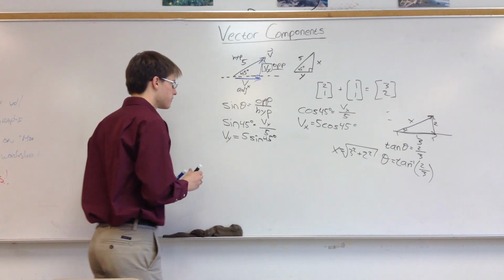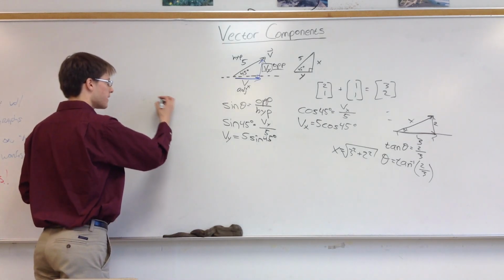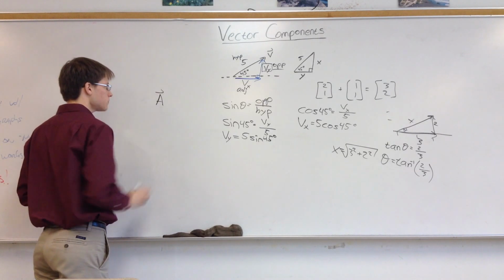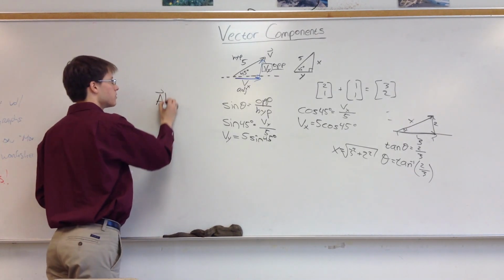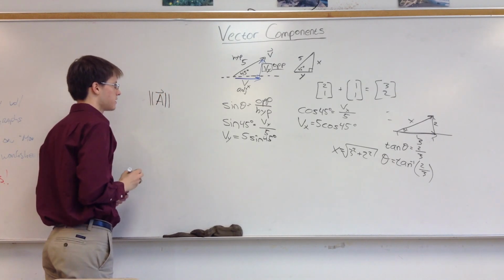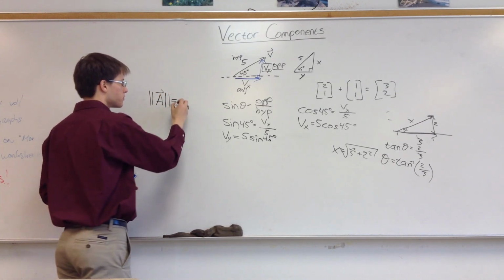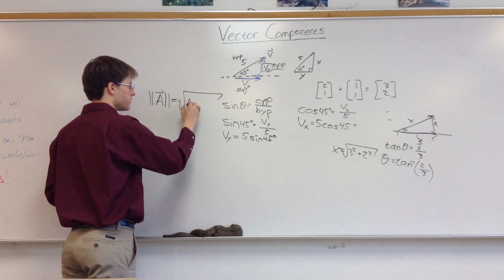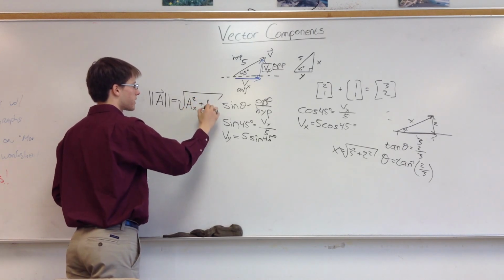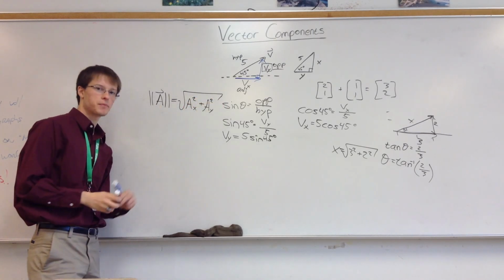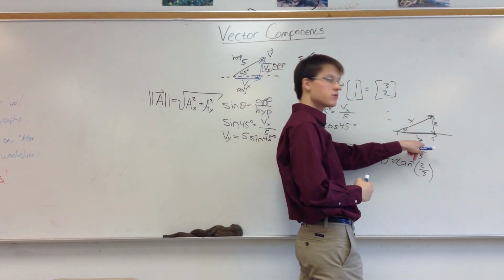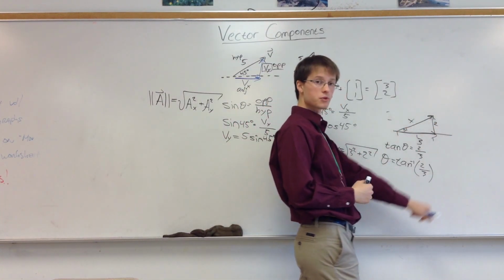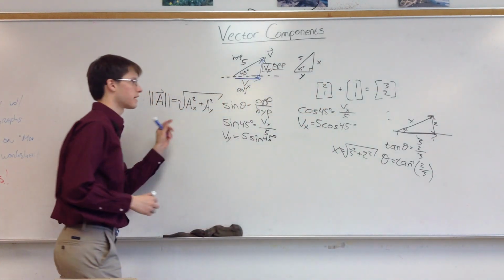So if we have a vector, which I will call A, again, the length of the vector is called its magnitude, and it's denoted by double bars on both sides. So this is equal to the square root of the x component squared plus the y component squared. This is really just the Pythagorean theorem in disguise. That's exactly what we did here.